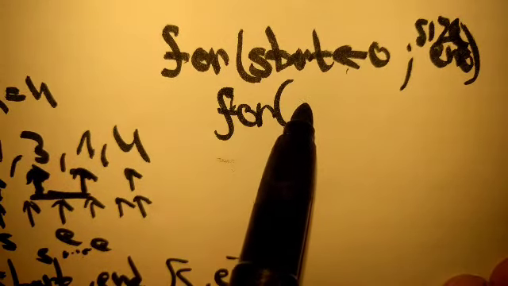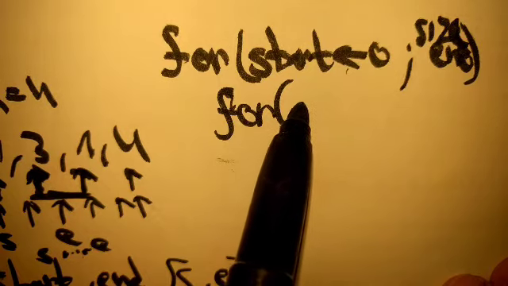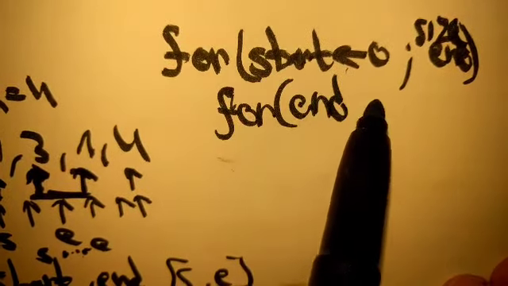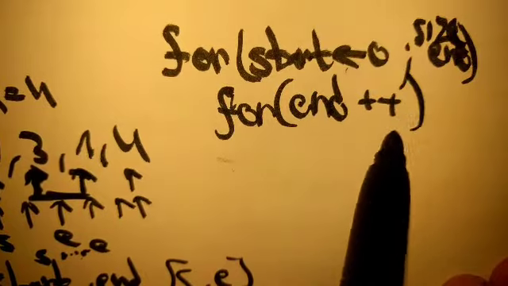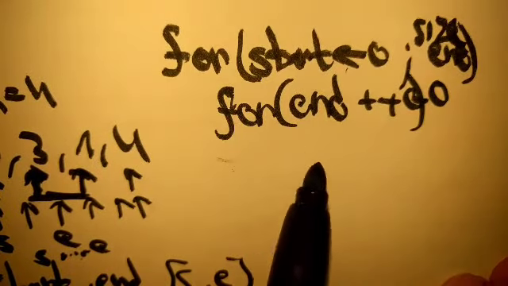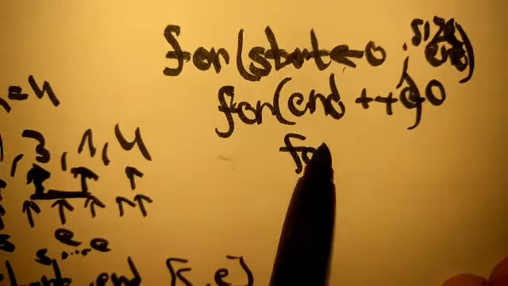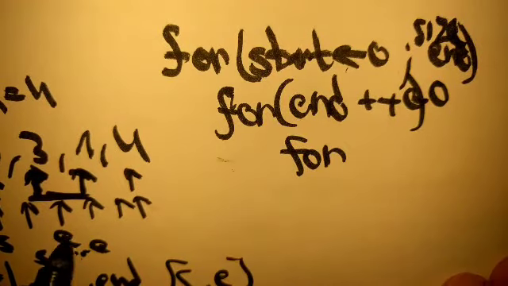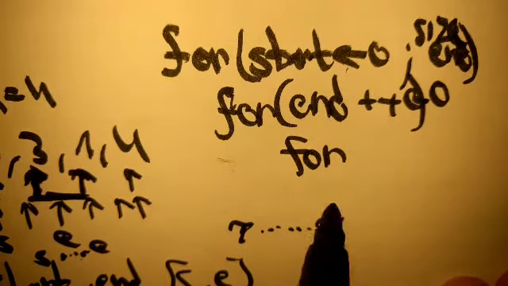You have another nested for loop with the end index moving forward. Now that you have defined where my beginning is and where my end is, and I'm moving them both, now you need to actually move in between them. So you have another index.